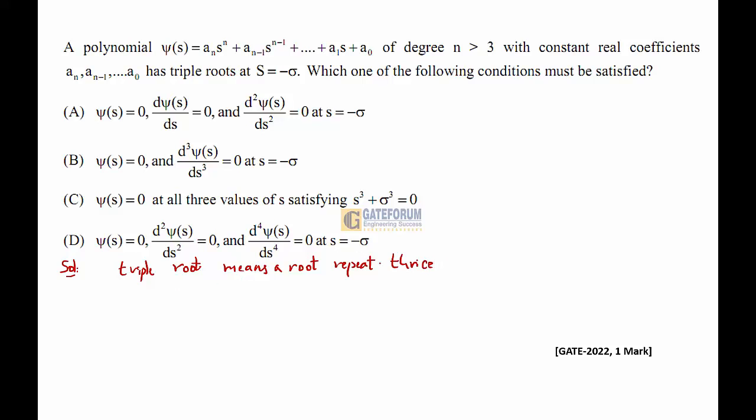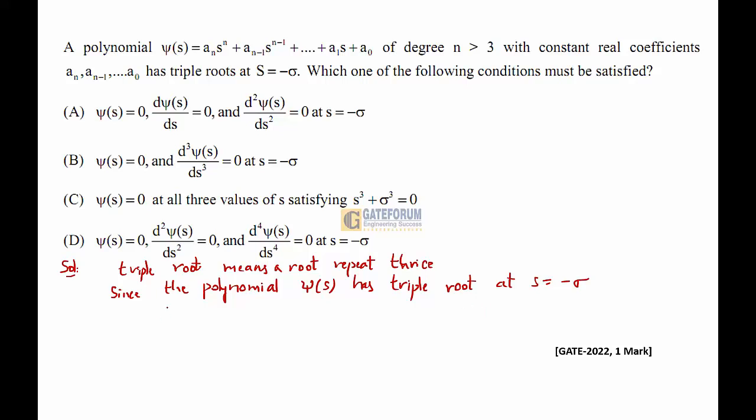Okay. So now, since the polynomial psi of s has a triple root at s is equal to minus sigma, therefore s plus alpha is a factor of that polynomial 3 times.